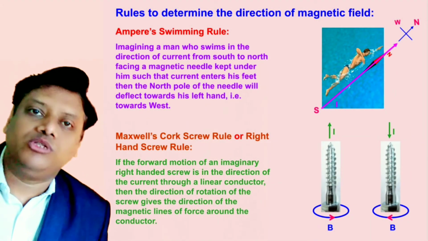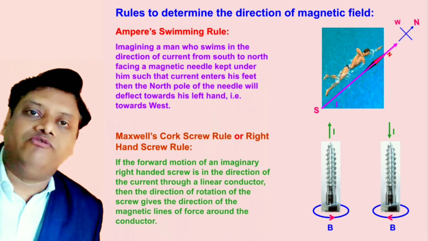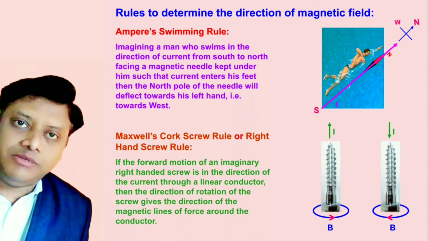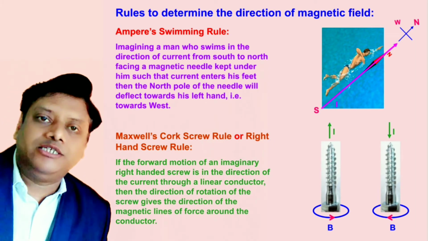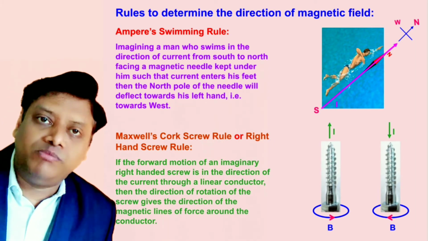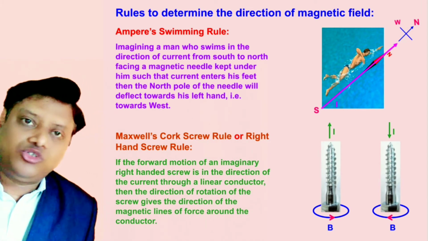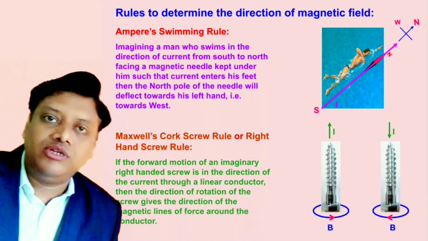So let us discuss the direction of the deflection of the needle in Oersted's experiment. There are two rules which specify the direction of displacement of the north pole. The first rule is Ampere's swimming rule and the second rule is called the SNOW rule.